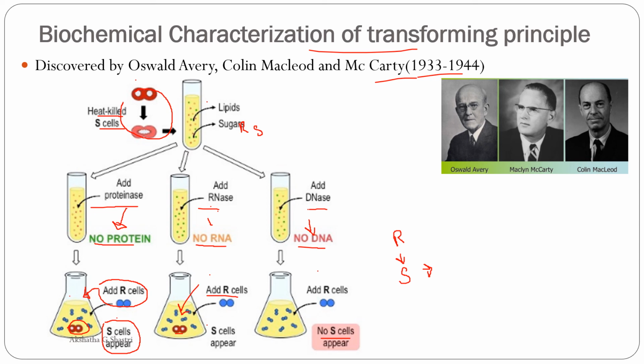See here, in the first case, the protein of the heat-killed S strain is not a genetic material. And in the second case, the RNA of the heat-killed S strain is not a genetic material. So, there is a transformation. And here in the third case, the DNA of the heat-killed S strain is a genetic material because the DNA was digested with the DNase when it is mixed with the R strain.